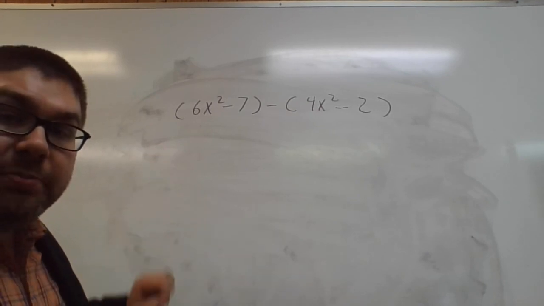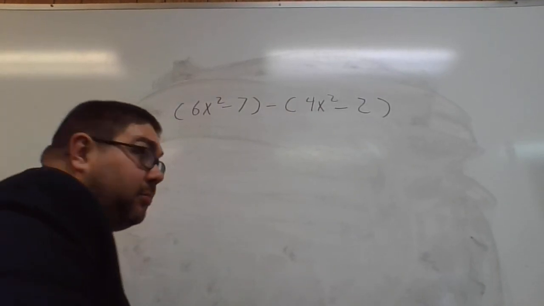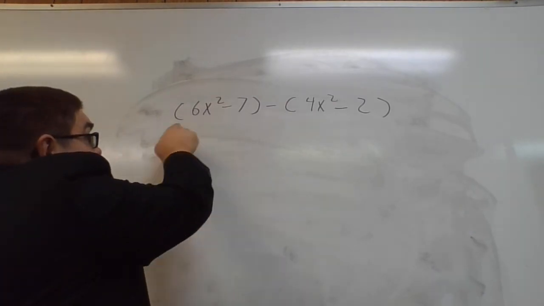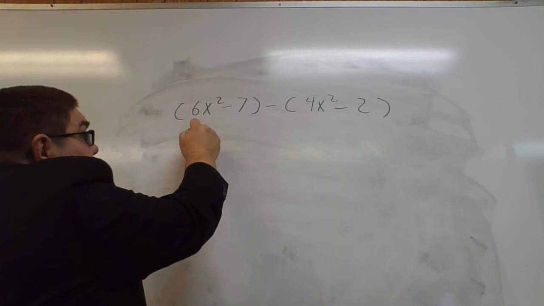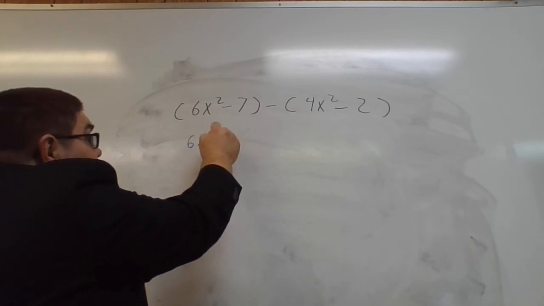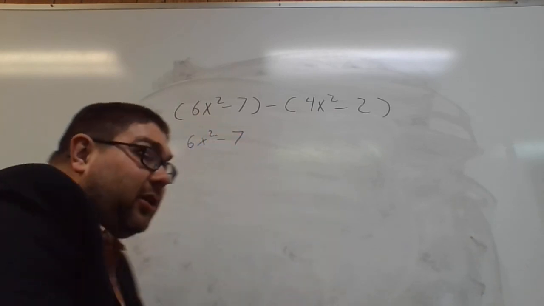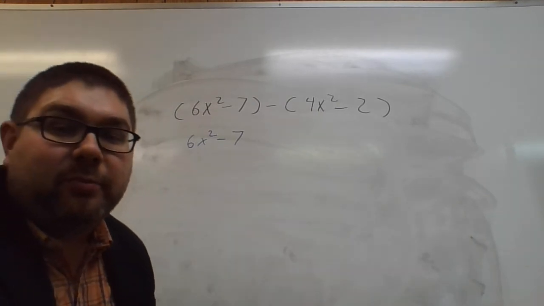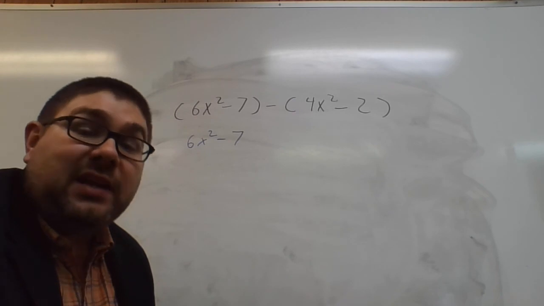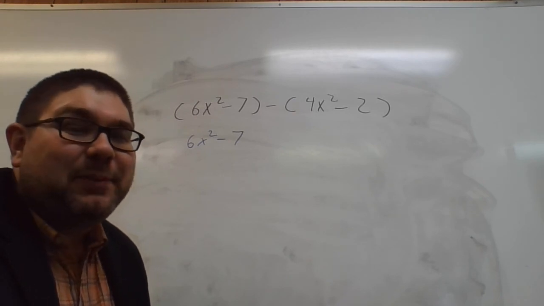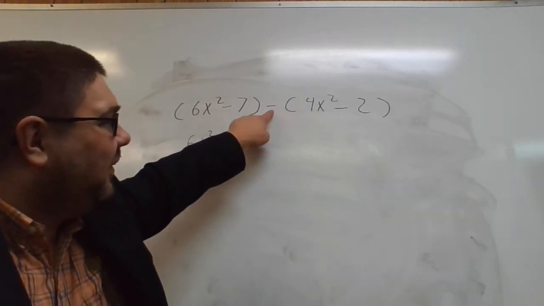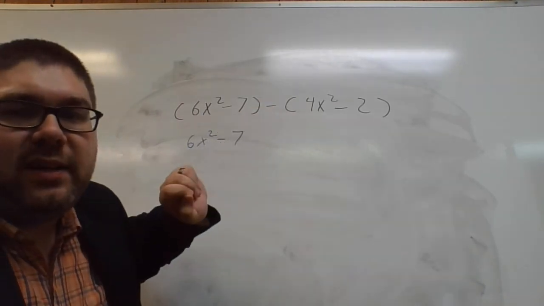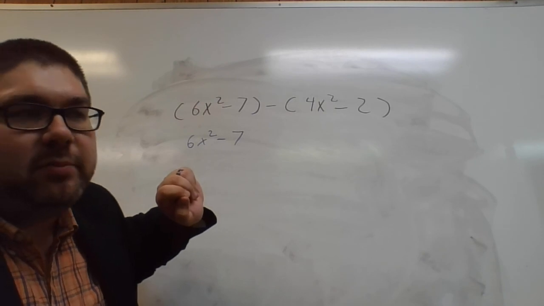Now I'm going to rewrite this problem. Now the first thing I'm going to do, see this polynomial, this parentheses, I'm going to rewrite it without the parentheses. You might be like, but Mr. Coker, you just said parentheses matter. Well, these parentheses don't matter. The next parentheses are going to matter, and that's because they have a minus sign. Minus sign means it matters.